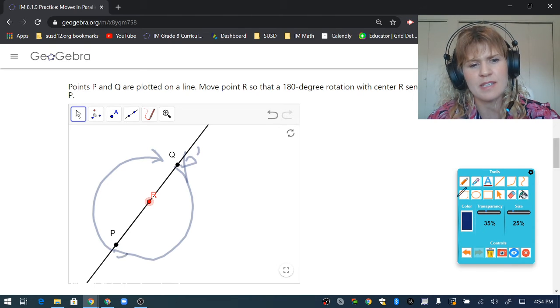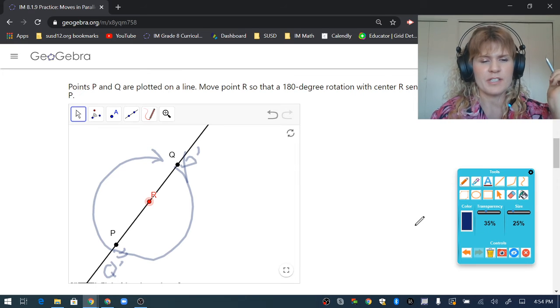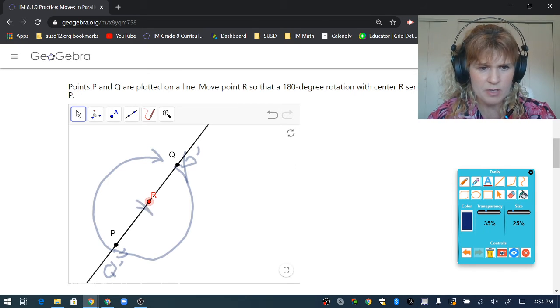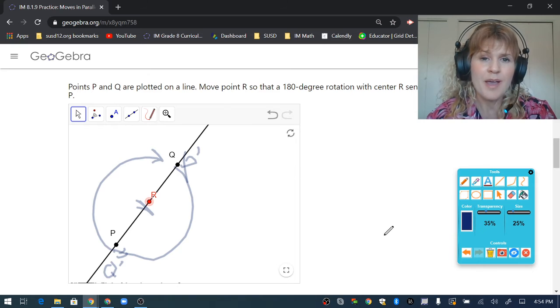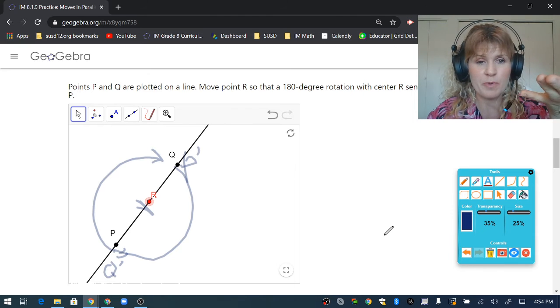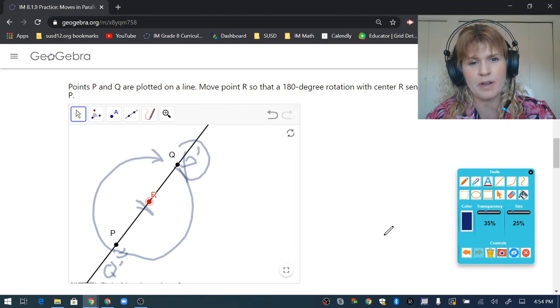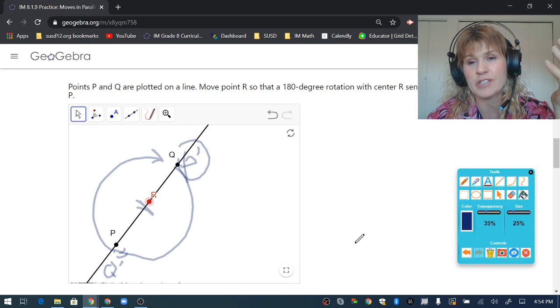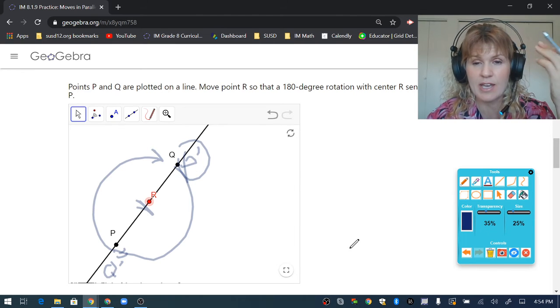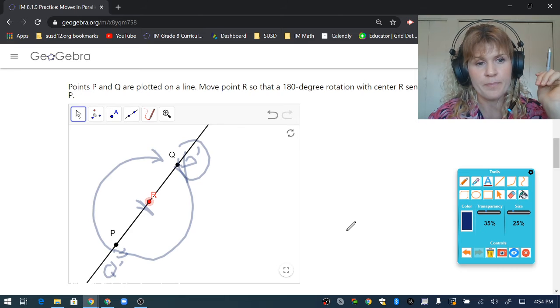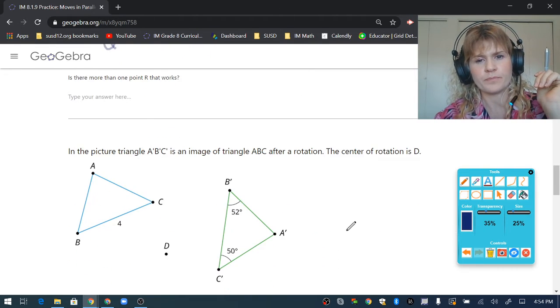Q rotates here. This becomes Q prime. Okay, good job. Remember, it should be the center point of the line segment. But this GeoGebra applet doesn't label our other points, so it's a little hard to see. You need to imagine and know what you're doing. Let's keep going.